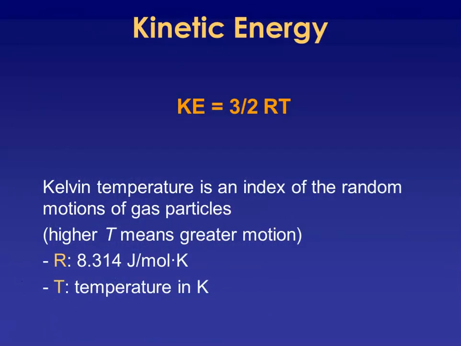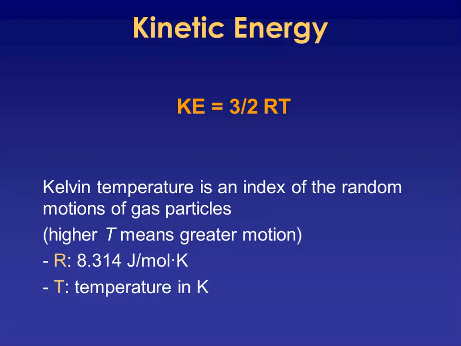So the relationship between kinetic energy and temperature has been determined using your kinetic energy equals 1/2 mv squared. And we have also been able to relate our energy in the form of temperature with measurements that we would take in chemistry class.